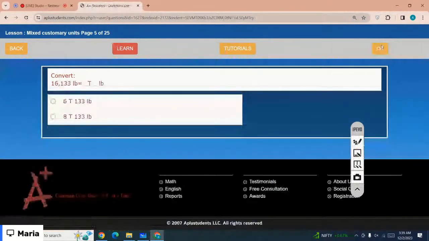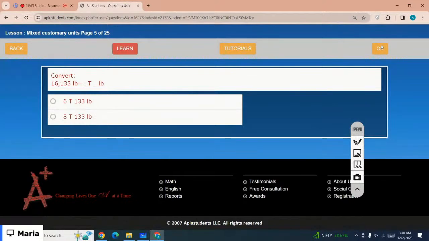Okay, convert from 16,133 pounds. What is this unit T? Ton. Okay, that is ton, right? So you have pounds to ton.